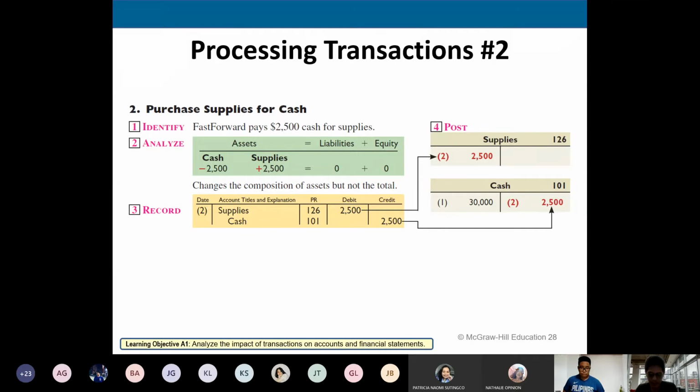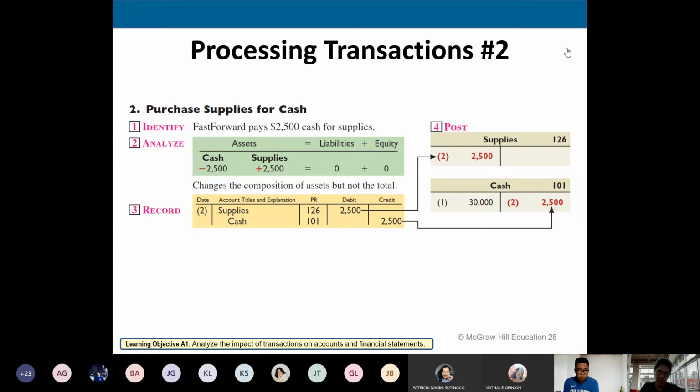What are the usual examples of supplies? Ball pen, bond paper, things you use on a regular basis in the company. Consumables that get used up.